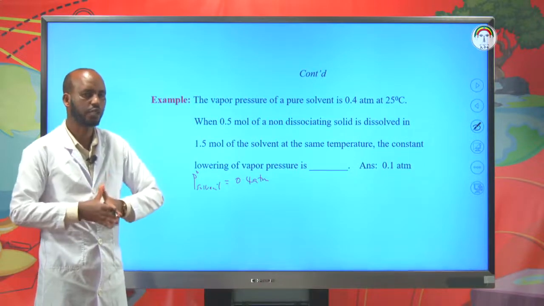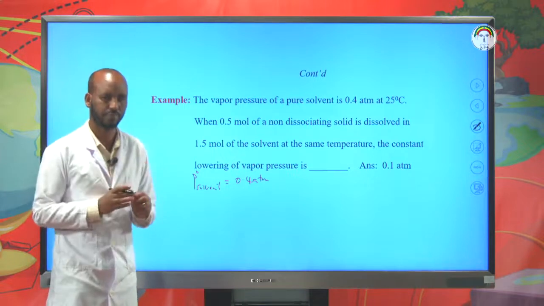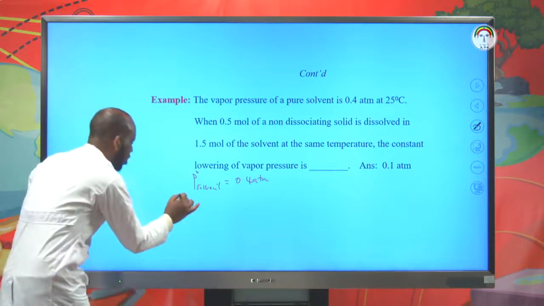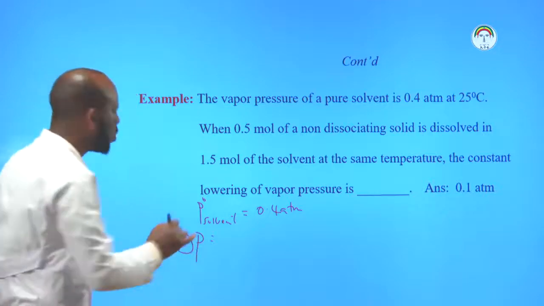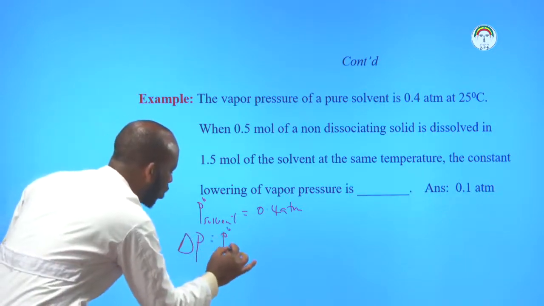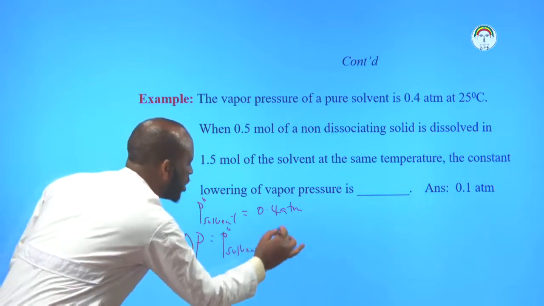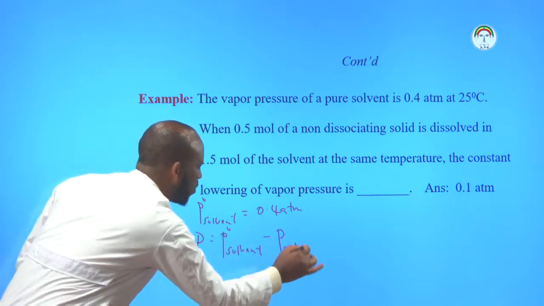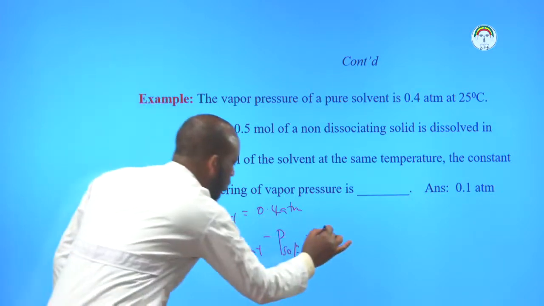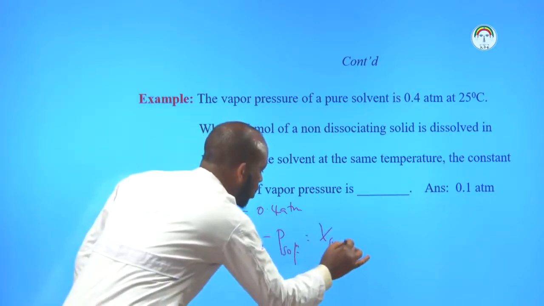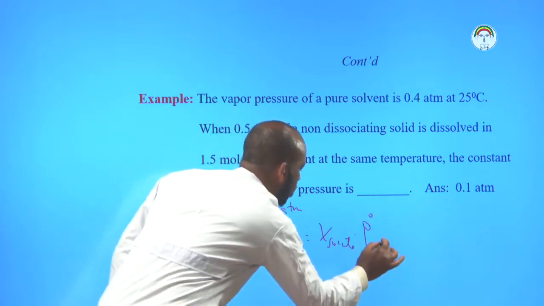You are asked to calculate the lowering in vapor pressure, delta P. Delta P equals P naught of the solvent minus the vapor pressure of the solution, which equals the mole fraction of the solid times P naught of the solvent.